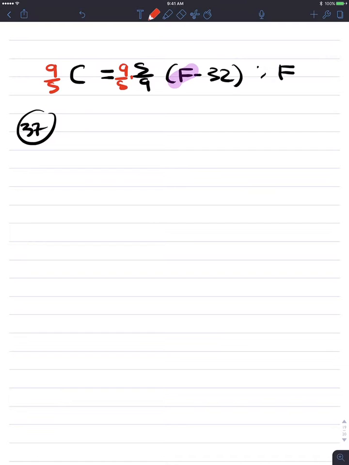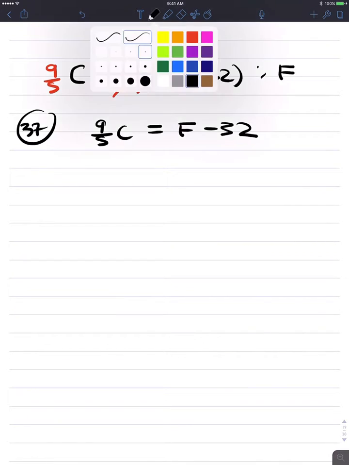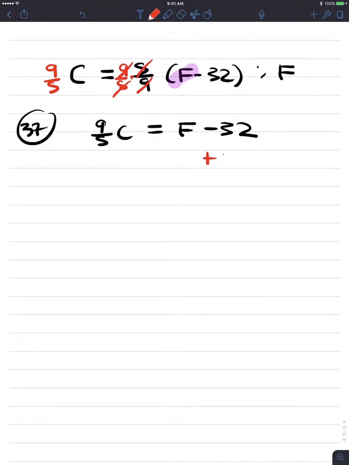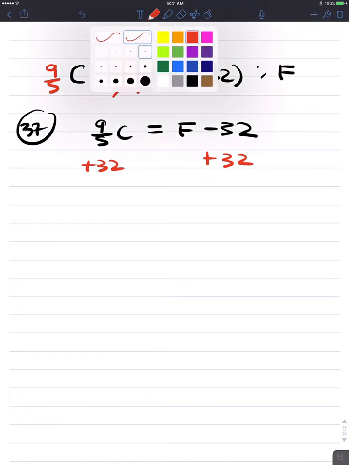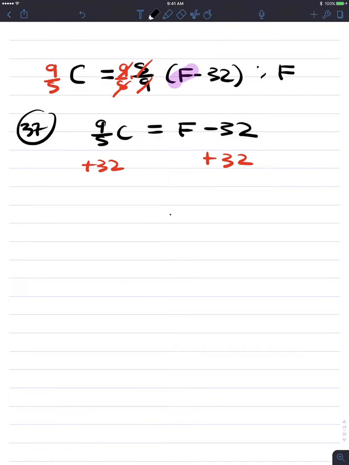The reason we do this is so that we can cancel the 9 and the 5 on the right-hand side. On the left side, we have 9/5 C equal to F minus 32. We can now add the 32 to both sides to get the subtraction of 32 on the right side to go away.